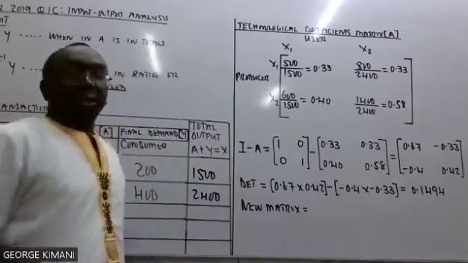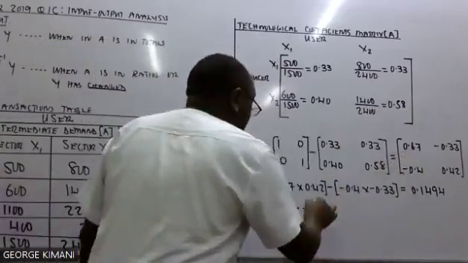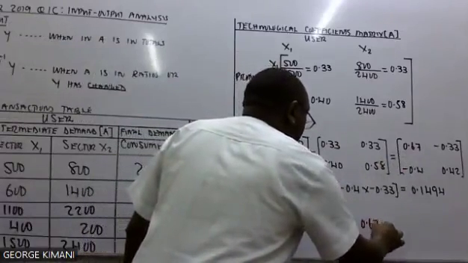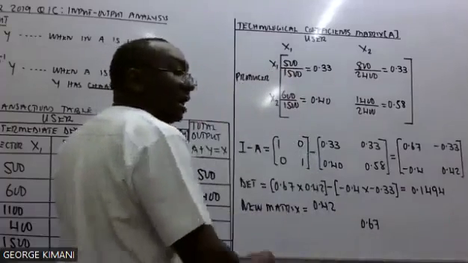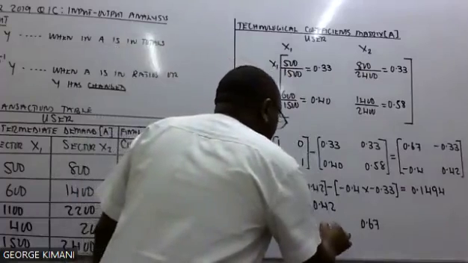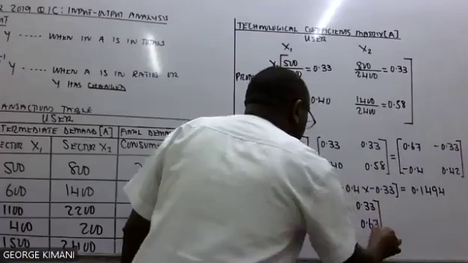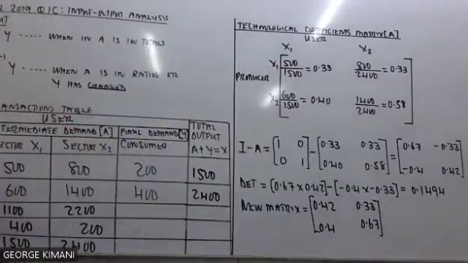And the new matrix you get by changing positions of the major diagonal so that you have 0.42 here and 0.67. Then you change the signs of the minor diagonal so you have 0.4 and 0.33. That's the new matrix.